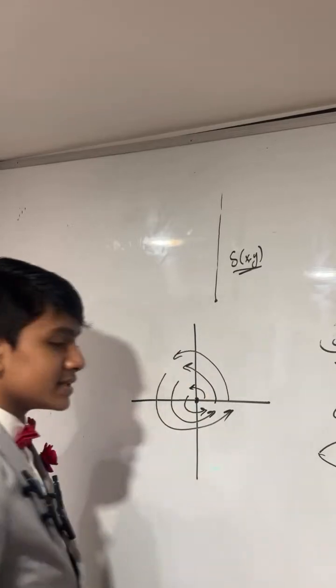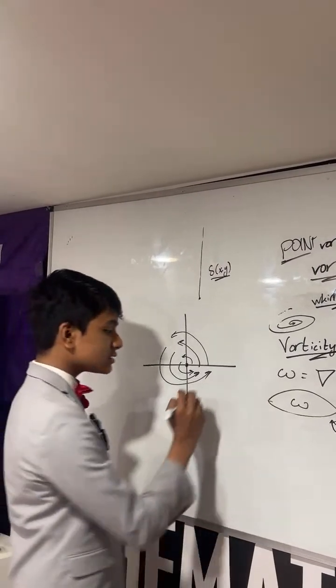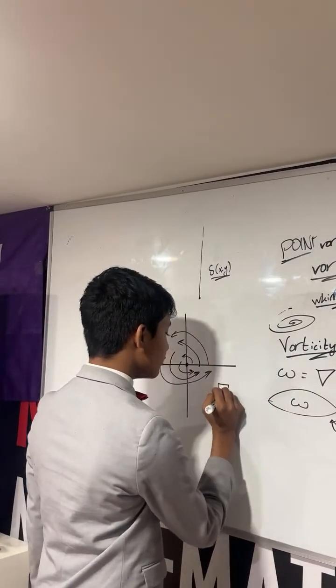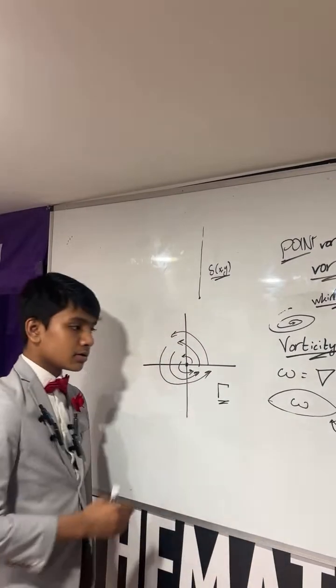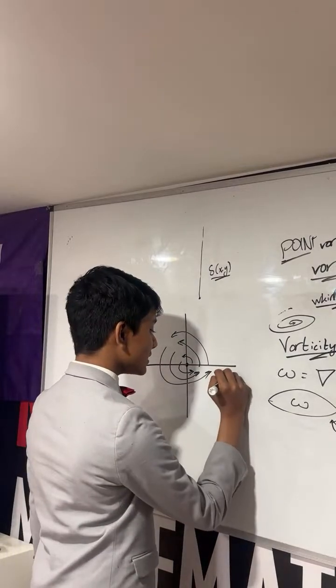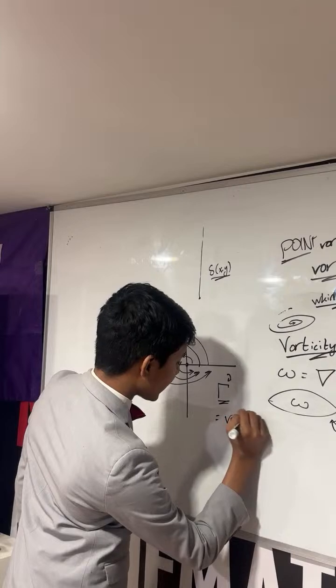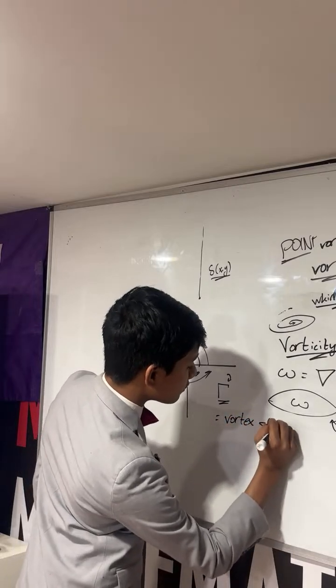So the vorticity is going to cause some velocity to flow. And that's going to be based on the circulation of this guy right here. And that circulation is, well, what we call vortex strength for a point vortex.